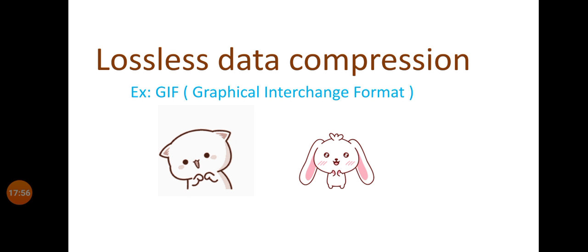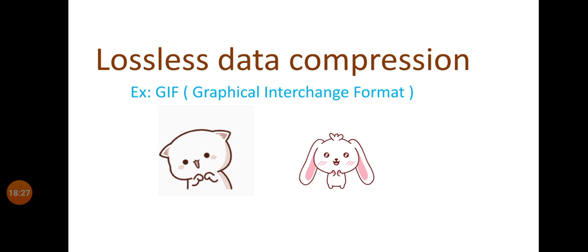However, lossless data compression methods are limited. They can achieve only a limited compression rate. For example, the technique used in lossless data compression is GIF, the graphical interchange format. GIF is used mainly for simple images such as line drawings and images containing simple graphical shapes.